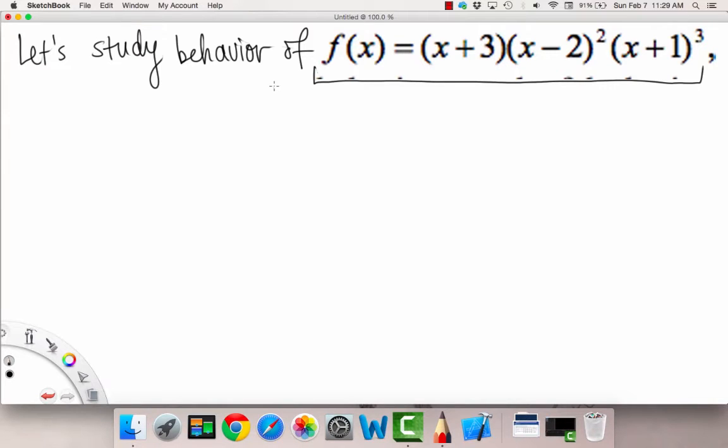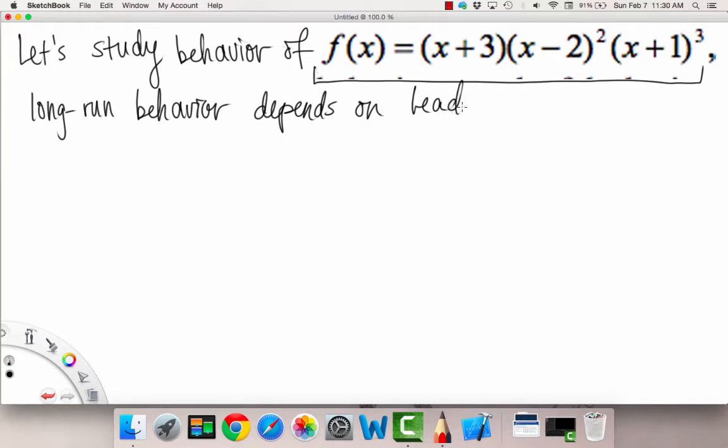So, two important things to note about graphing polynomials and studying their behaviors. The overall long-run behavior, which we've run into before, right? No pun intended. Long-run behavior depends on your leading term of the entire polynomial, okay? Leading term. So that's point number 1 that I want to make.